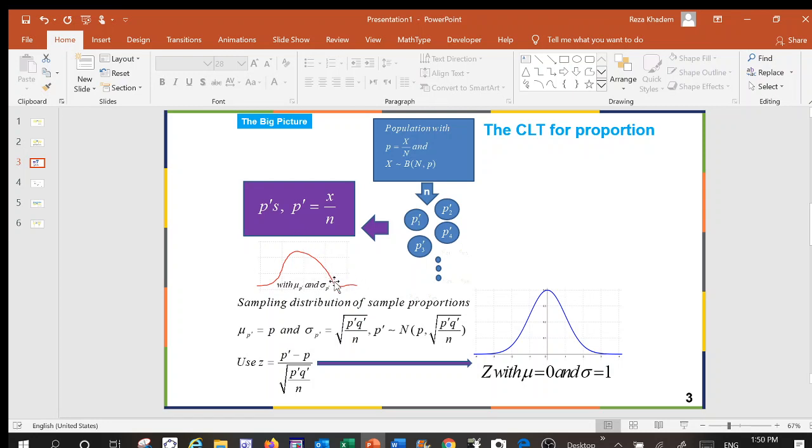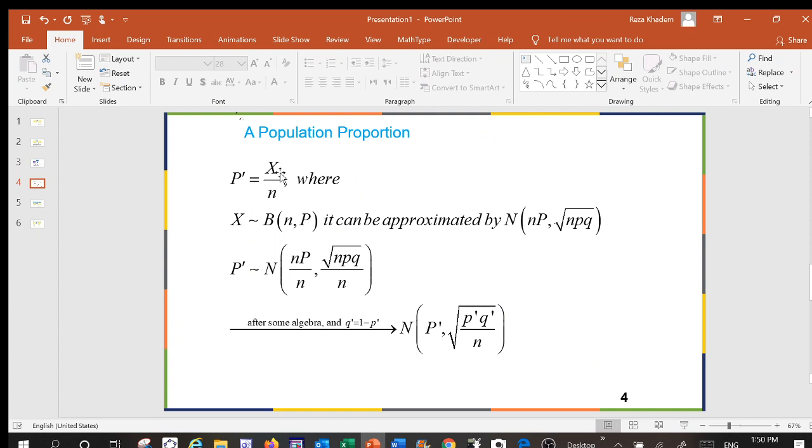But what are those? Well, let's take a look at where p prime comes from. P prime is the number of successes divided by n. Now we know that the number of successes is binomial.